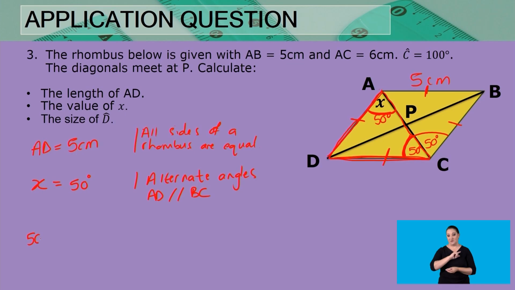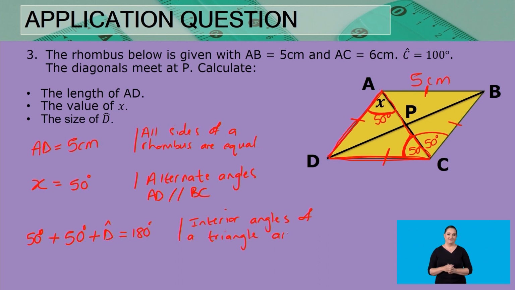So if we take the 50 degrees that is already in there, which is the x, plus the 50 degrees that we found there, which is the bisected angle from C, and we add this to our angle D, that is going to be equal to 180 degrees. And the reason for this is that the interior angles of a triangle are supplementary, which means that they add up to 180 degrees.